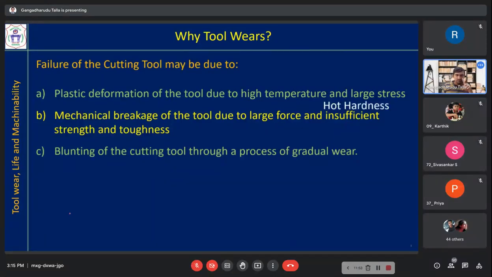Now first, that is plastic deformation. If the failure is due to plastic deformation, then to avoid that, you should have very good hot hardness for the cutting tool. If the cutting tool is hard enough at elevated temperatures, then it will not deform.